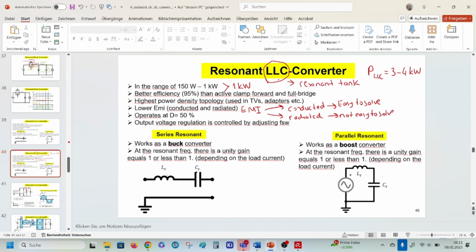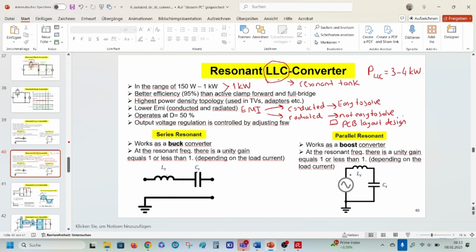Why? Because we must take care of the PCB layout design, and this is not easy to achieve.